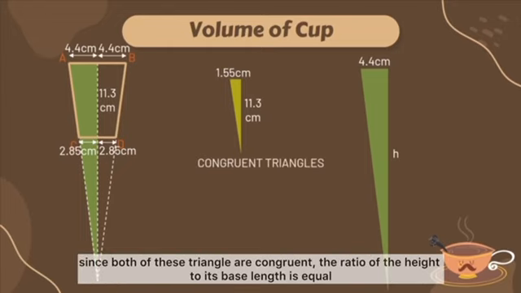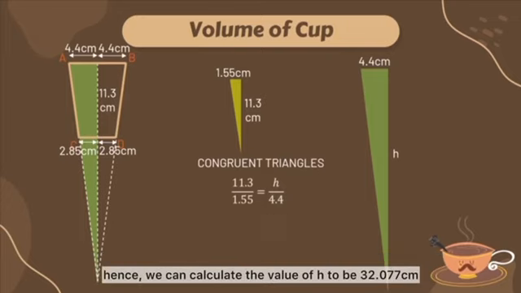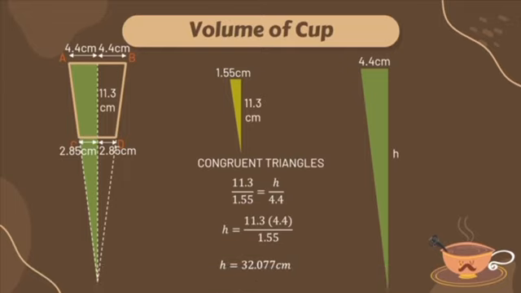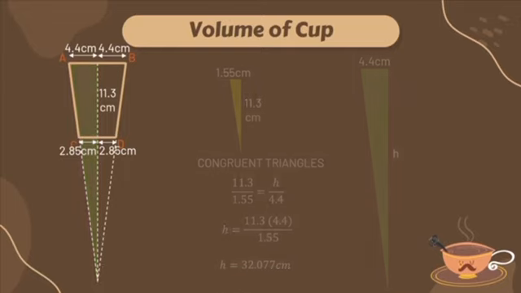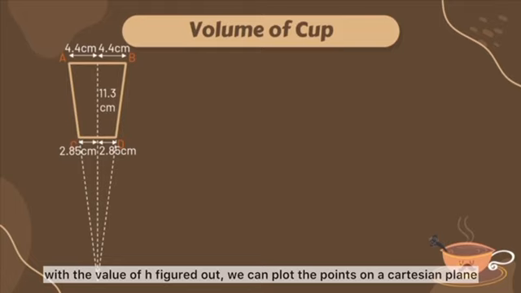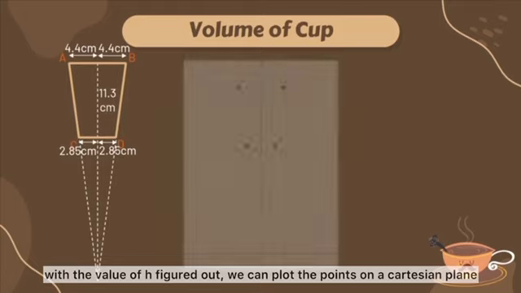Since both of these triangles are congruent, the ratio of the height of the triangle to its base length is equal. Hence, we can calculate the value of h to be 32.077 centimeters. With the value of h figured out, we can plot the points on a Cartesian plane.